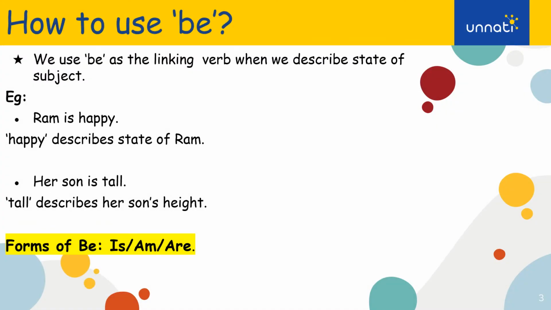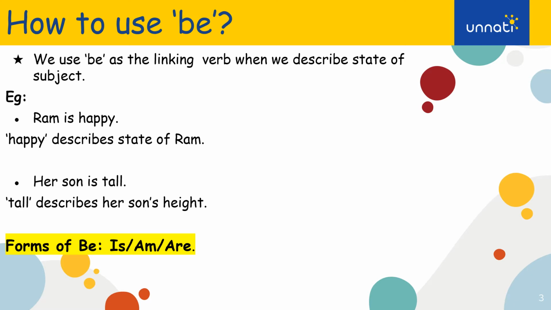So here we're going to look at the usage of the verb be, how the verb be and its different forms are used in a sentence. So we have learned that we use be as a linking verb when we describe the state of being of a subject or the status of a subject. So let's take a look at a few more sentences here.